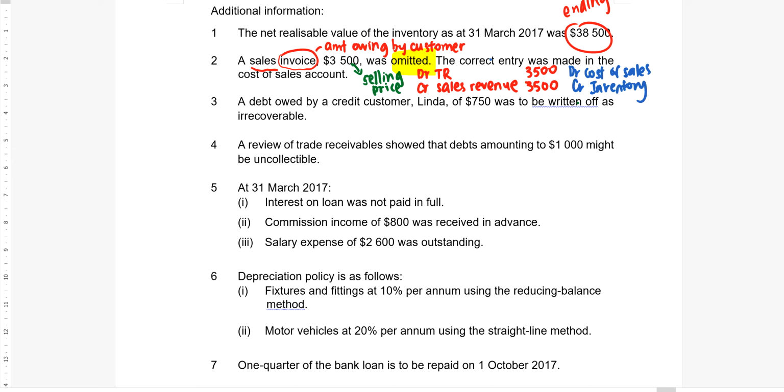However, the question said that the correct entry was made in the cost of sales account, which means that the business has already recorded this transaction. Hence, we do not need to adjust for debit cost of sales, credit inventory anymore. But we do need to adjust for trade receivables and sales revenue.